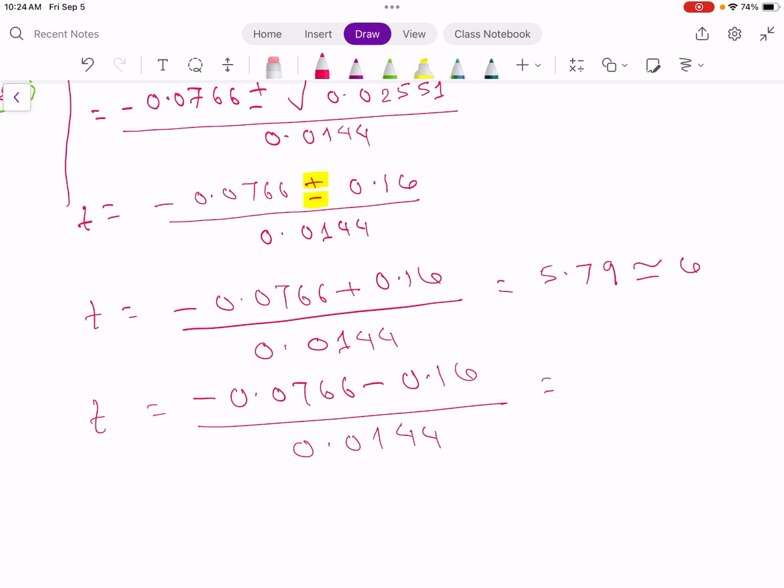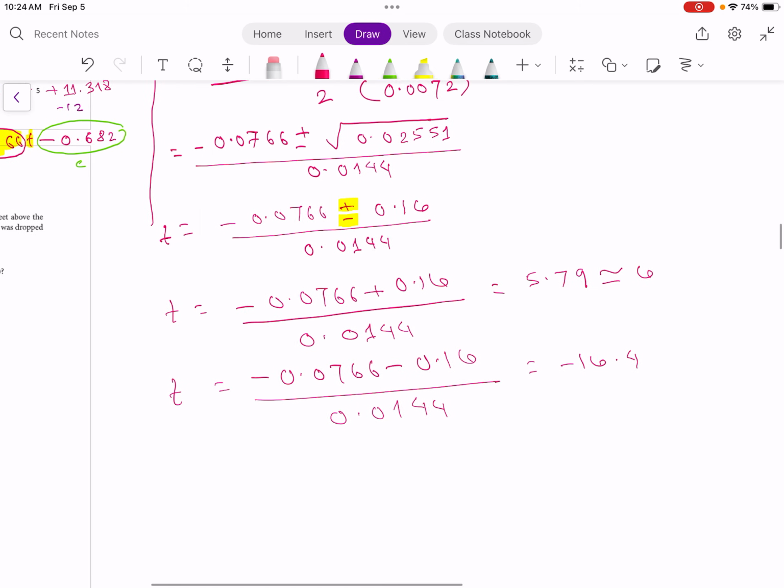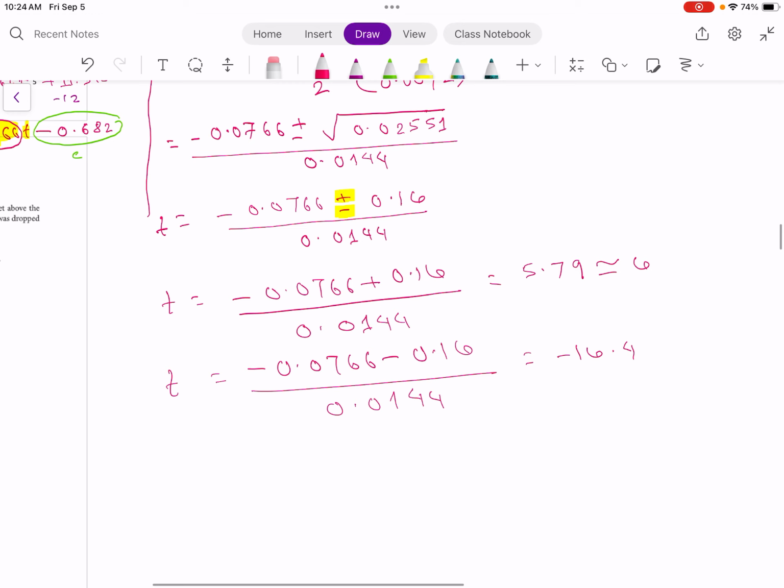We end up getting negative 16.4. Any question up to here? Everything is calculator. Once you have correct A, B, C, you use your calculator and you must get these two values.